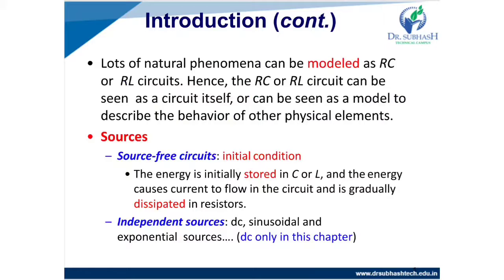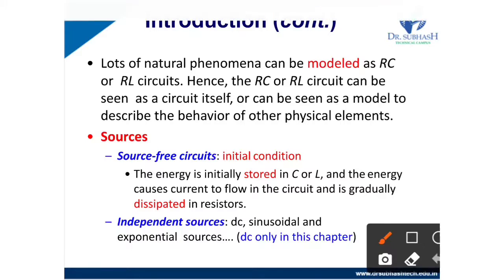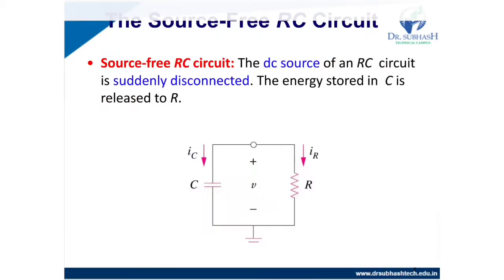Lots of natural phenomena can be modeled as RC or RL circuits. The RC and RL circuits can be seen as circuits themselves or as models to describe the behavior of other physical elements. Now the sources.